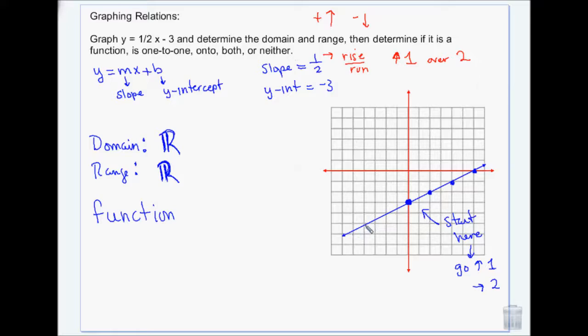If I look at just various x values, if I'm going along this line, at this x I only have one y, at this x I only have one y, this x, one y, etc., forever and ever. Are any of my y's coming from two different x's? No. So it's one-to-one. And since I'm going forever in both directions, aren't all of my y's eventually going to get used up? So it's both.